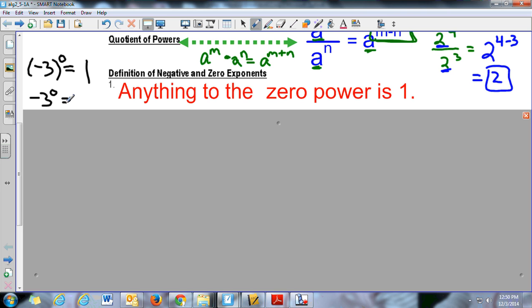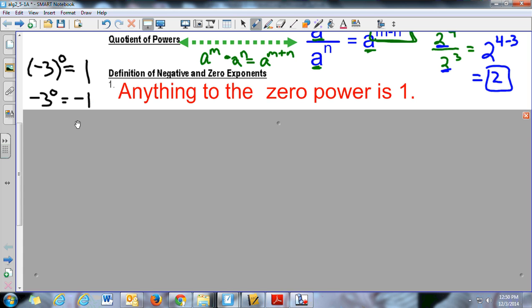It's actually going to equal negative 1. So something to be aware of. Parentheses around the negative number, you've got 0 power, it's going to be 1. No parentheses, it's going to make that a negative 1. So just keep an eye out for that.